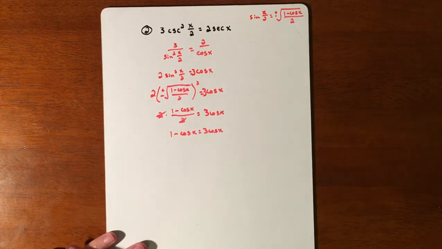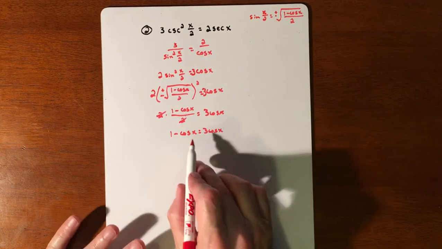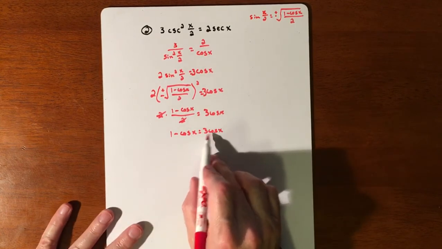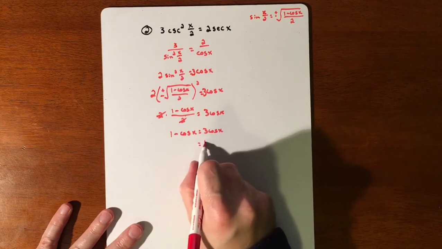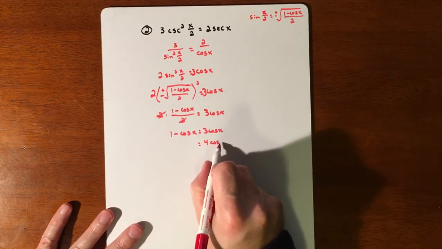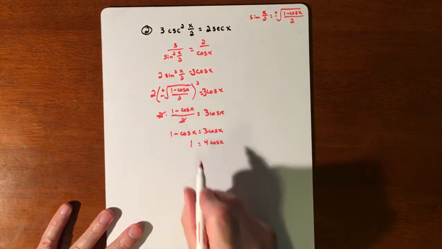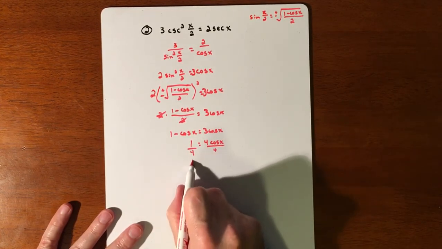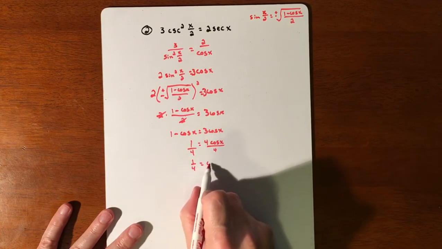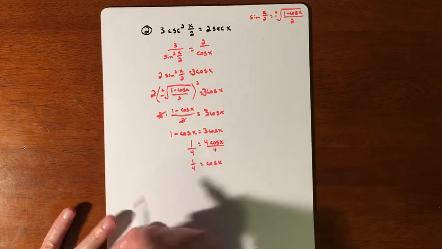All right. So I'm feeling like we want to put everything over to one side. So I'm going to bump the cosine over to here. So we're going to add a cosine over to this, and that's going to make it a 4 cosine, equaling the 1 by itself. Divide by 4, divide by 4, 1/4 equals cosine x.